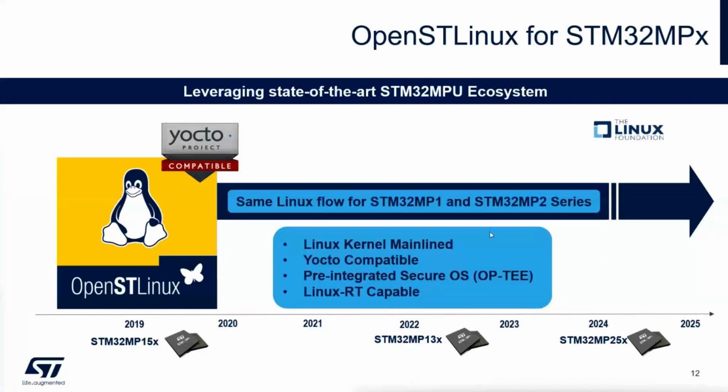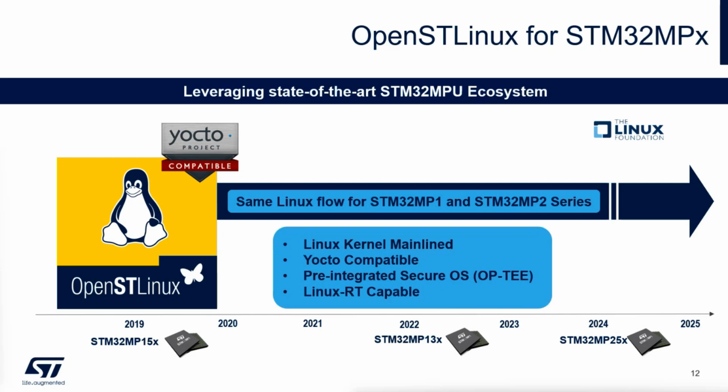Perfect. So OpenST Linux, we introduced OpenST Linux in 2019 with MP1. Then we got this OpenST Linux for the other new families, the MP13 and the MP25. So it's the same distribution for all the SOCs.